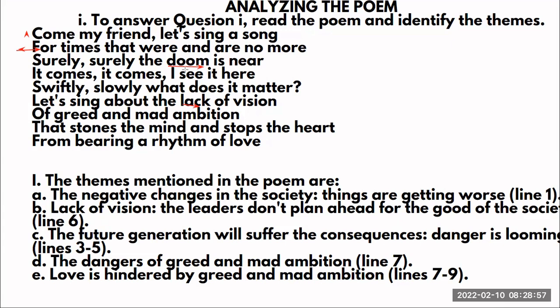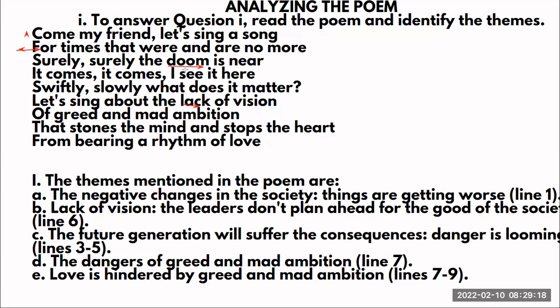All right. But you can connect this. One of the things you can take away from this poem is that the poet is lamenting the moral decadence in the society, moral decay, if you like, or corruption.